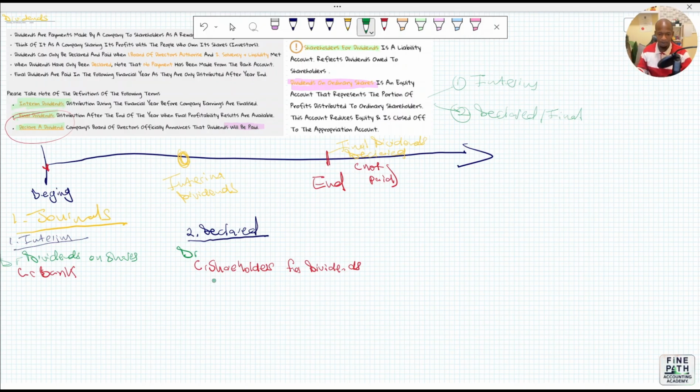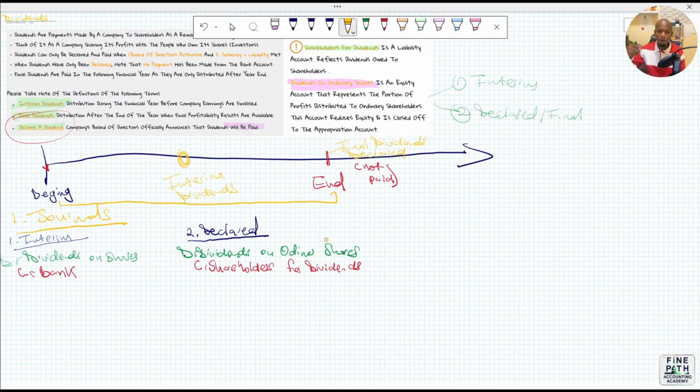We've promised shareholders dividends. So we'll have our dividends on ordinary shares again there. So this is what happened during this period. The journals we've made are for this period here, right?